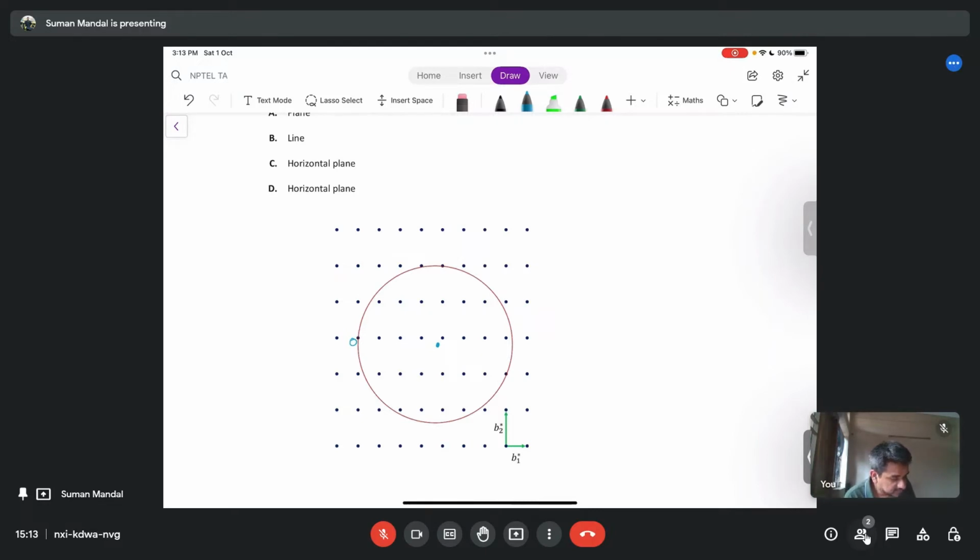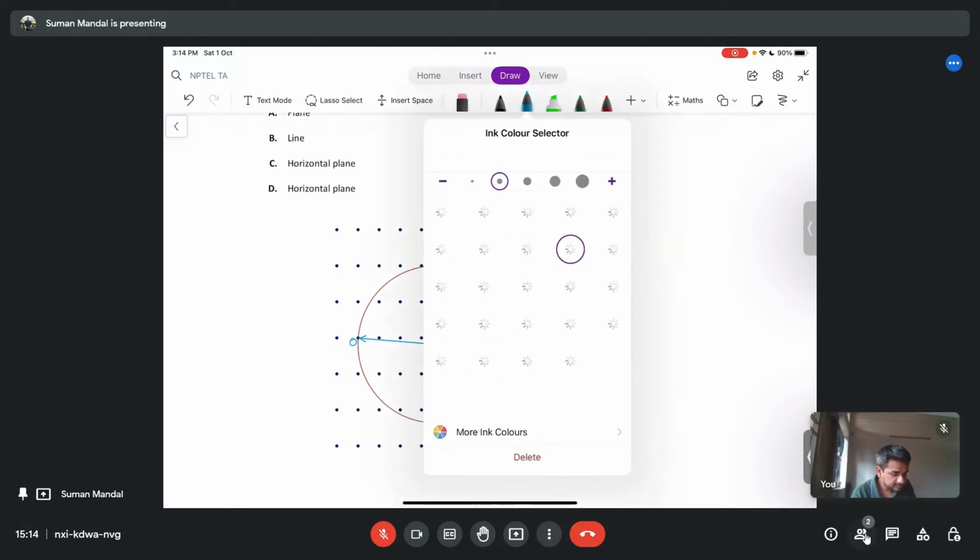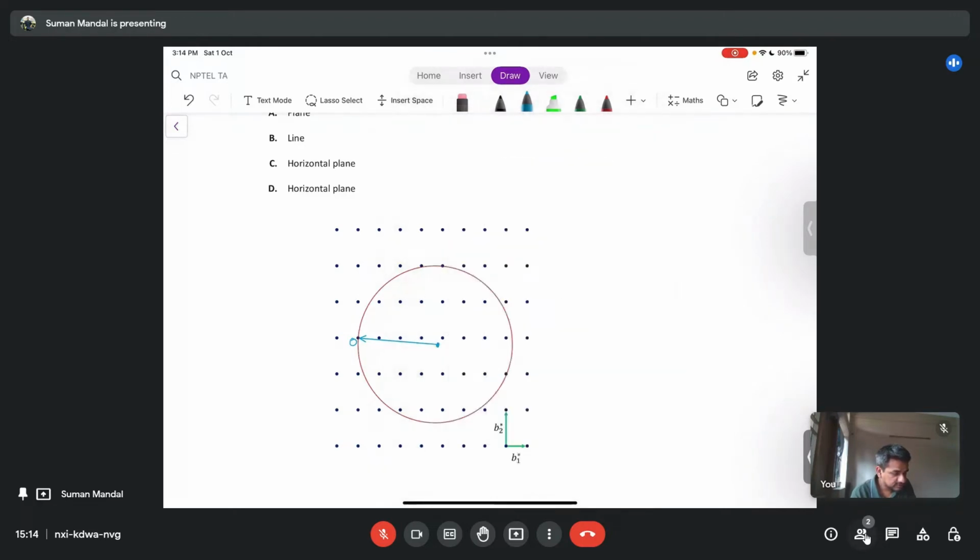We can draw the incoming and outgoing wave vectors. Let's say this is the incoming wave vector, and for the condition of diffraction to take place, we will have another wave vector like this, and the difference of these has to be a reciprocal lattice vector.